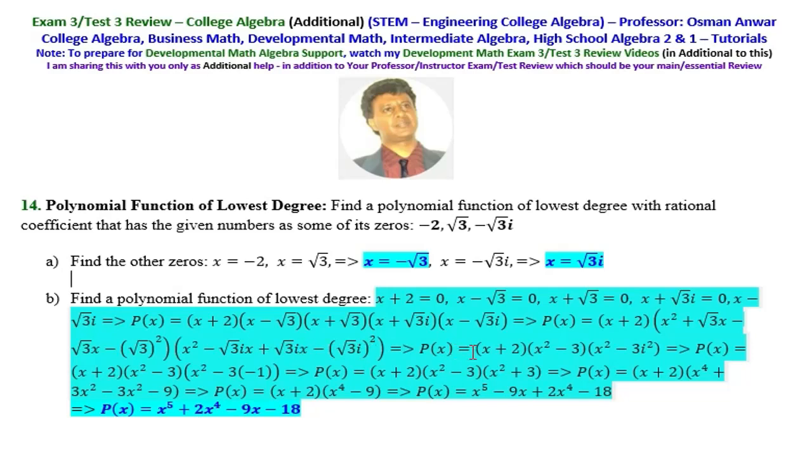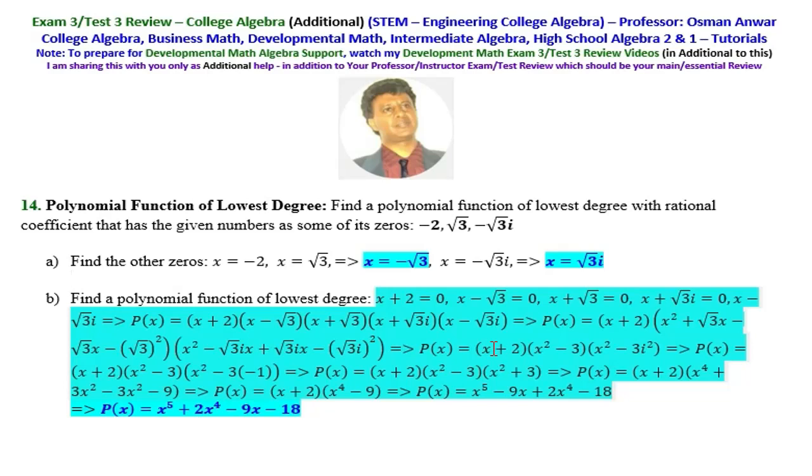And that is equal to, here the plus square root of 3x and minus square root of 3x cancel each other, and here minus square root of 3ix plus square root of 3ix, they cancel each other.